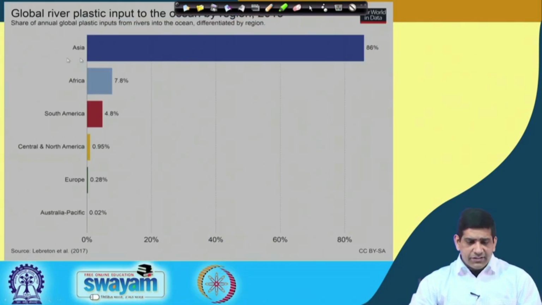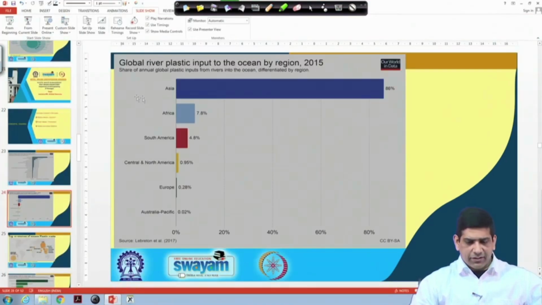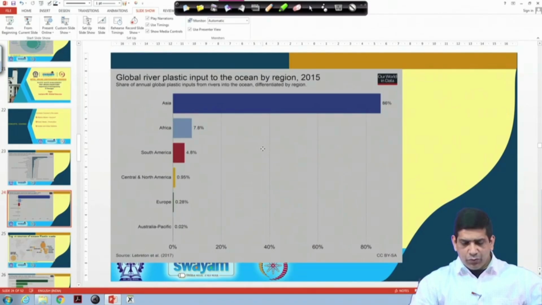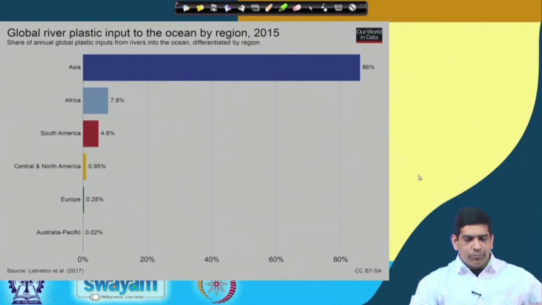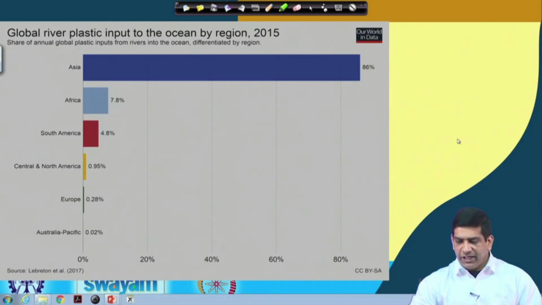And similarly, if you look at the global plastic input into the ocean by region, Asia contributes nearly 86%. So 86% of the plastic is getting into the ocean from Asian sources.